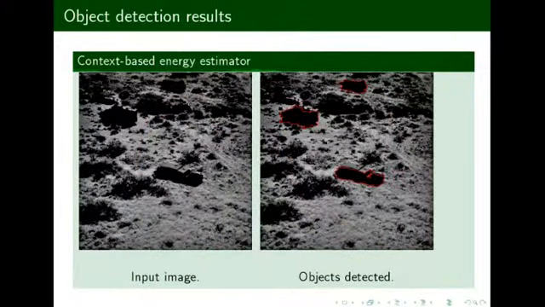Here are some results of using the energy. Within red, the objects detected. You have seen them on the saliency map, but here you just take a threshold of this tree, and you obtain 3 regions. That's what you want, the most salient one.